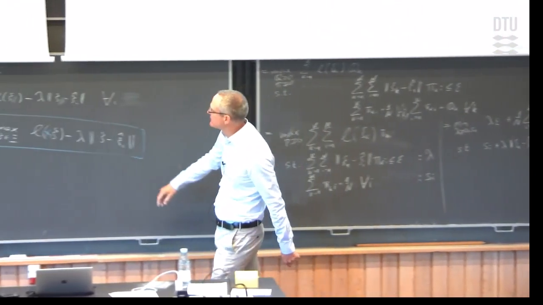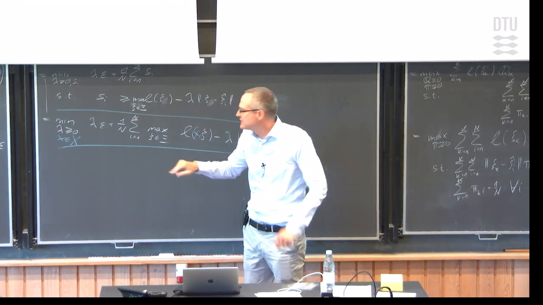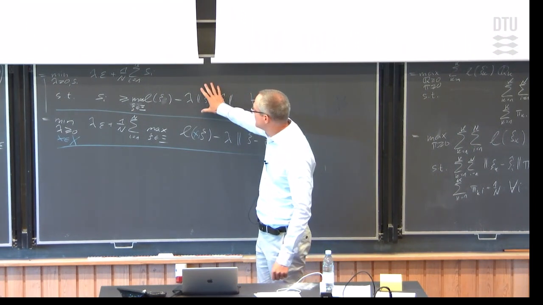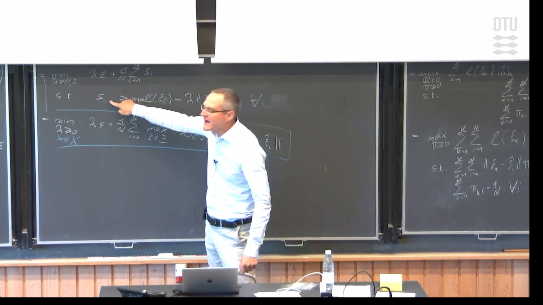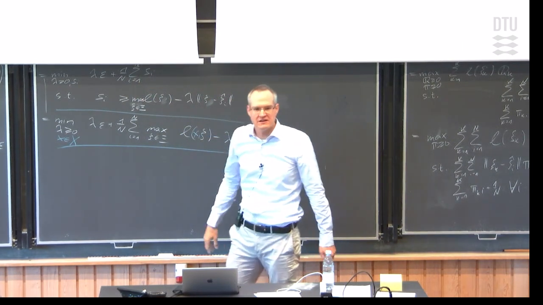Yeah? That's where I got basically here. And then instead of maximizing over k, I said when k goes to infinity, we can maximize over all psi in the uncertainty set. Okay? And then from here to here, I eliminated the variable Si, because I know that at optimality, the Si needs to be equal to this right-hand side. Okay?